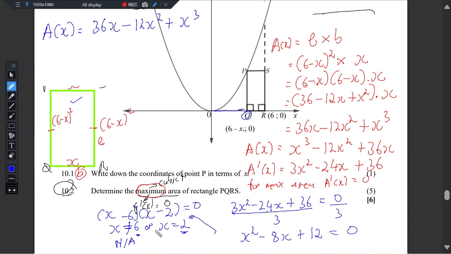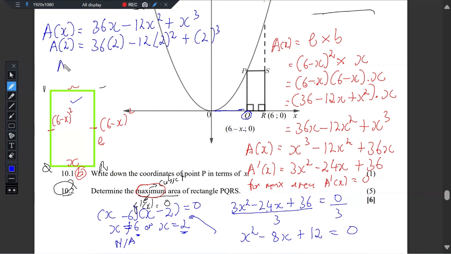Since now we are accepting x as 2, we'll say area when x is 2, because this equation now represents the area, right? Now all you have to do is take your calculator and press all of that in. So that's 36 multiplied by 2 minus 12 times 2 squared, and then plus 2 to the exponent of 3.